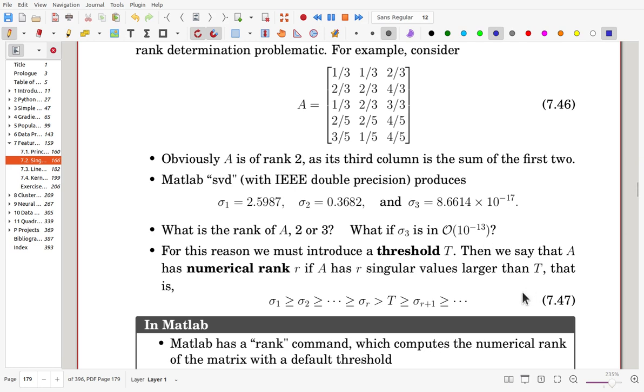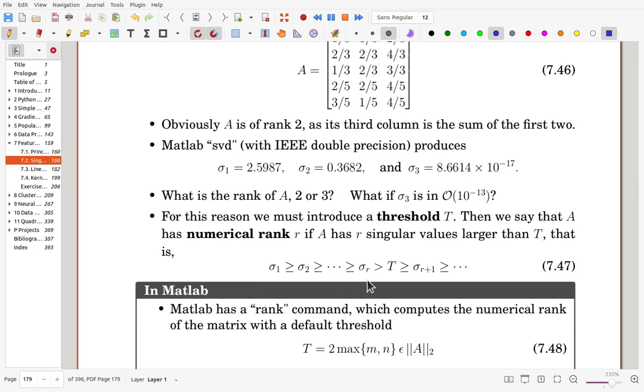Okay. Usually in software, the numerical rank r is decided with a threshold T. As in this equation, sigma 1 to sigma r are larger than T, and from sigma r plus 1 on, they are less than or equal to T. Then the output will be r.